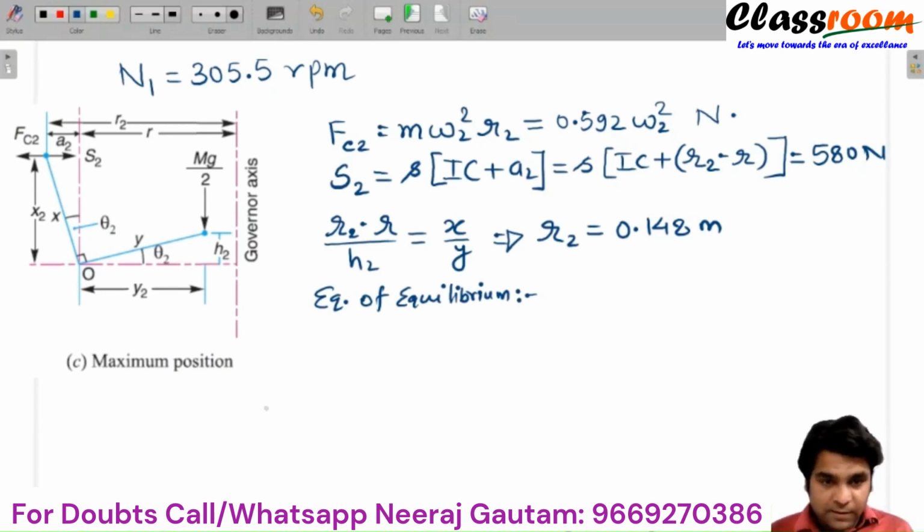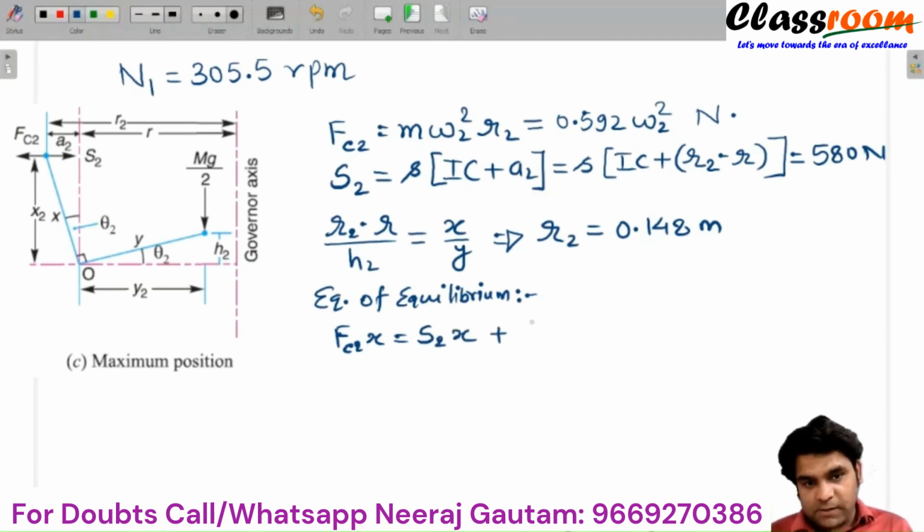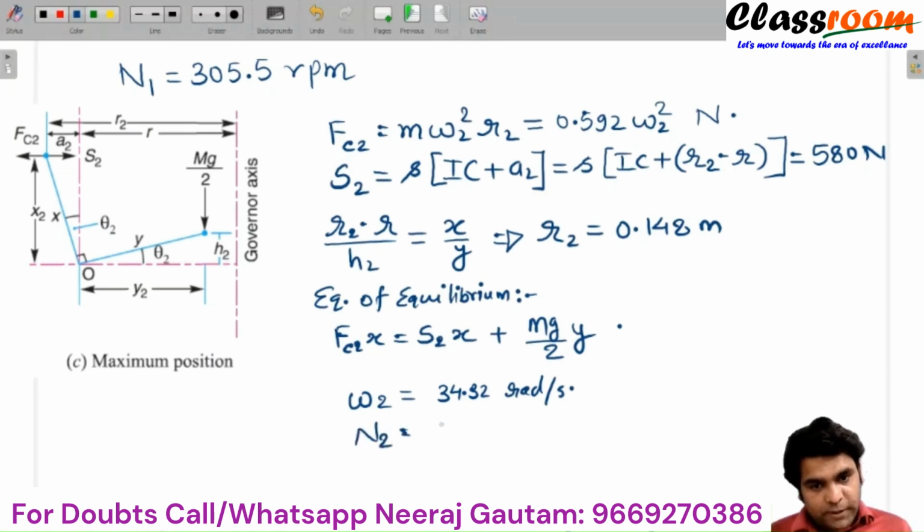We can write the equation like this: Fc2 into X equals S2 into X plus mg by 2 into Y. Solving this relation, we can find the value of omega 2. Omega 2 equals 34.32 radians per second, and the corresponding N2 value is 327.7 RPM.